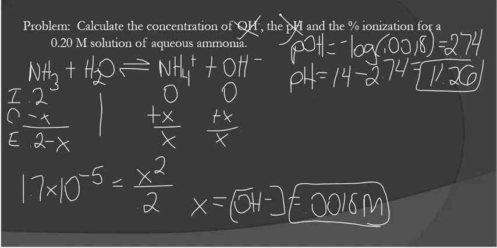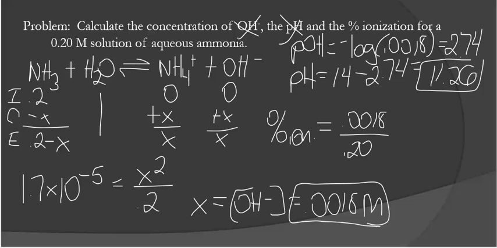Percent ionization. Percent ionization is how much of this weak base ionized. We're going to take x, which is how much ionized, so 0.0018, divide by the initial, which is 0.2 for this weak base, multiply by 100.